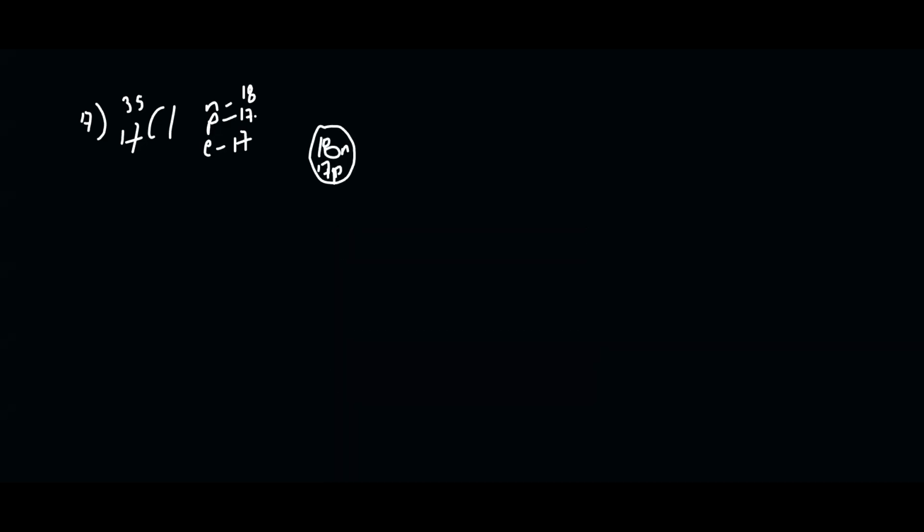Remember, your first shell holds 2, second shell holds 8, third shell also 8, fourth shell 8 at this level. So ensure that you all take note of that for those who are watching this video. So it's 2, 4.